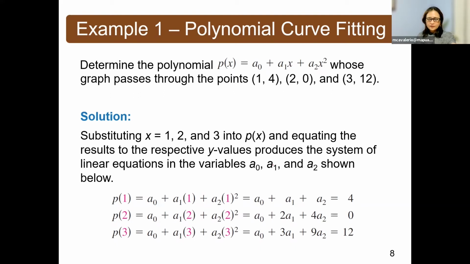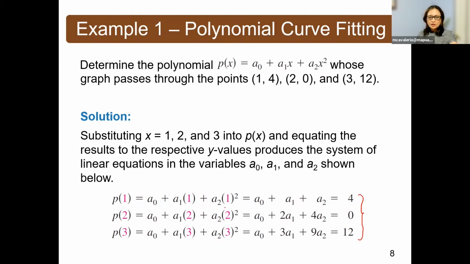Now we have a system of linear equations, 3 unknowns in 3 equations. So we already were able to set up the system of equations, and all we need to do is to solve it using Gauss-Jordan elimination.